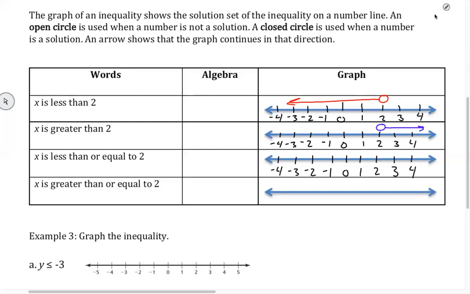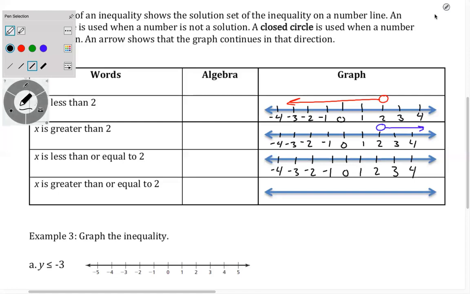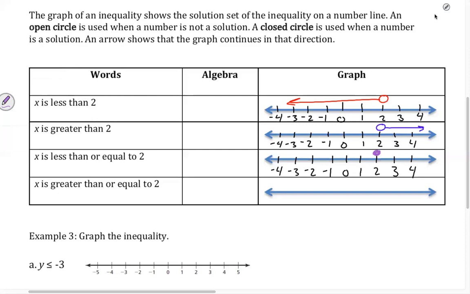So for this one, it says "or equal to," so I have a shaded in circle. I'm going to shade to the right or to the left. x is greater than or equal to.